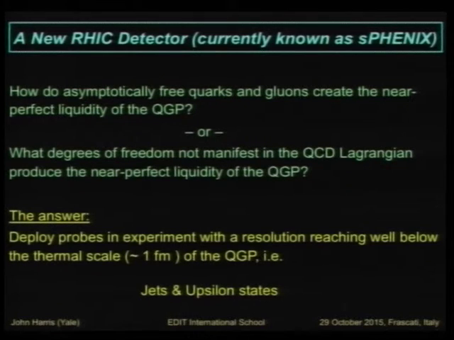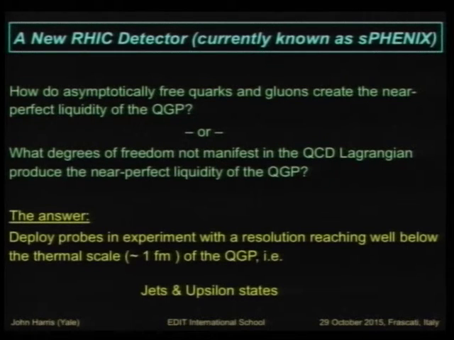So this new detector, currently known as sPHENIX, is having its first collaboration meeting in December, and it addresses the question of how we get from hard scattering at the LHC at low x values, I'll show you in the next slide what I'm talking about, to the quark-gluon plasma degrees of freedom.